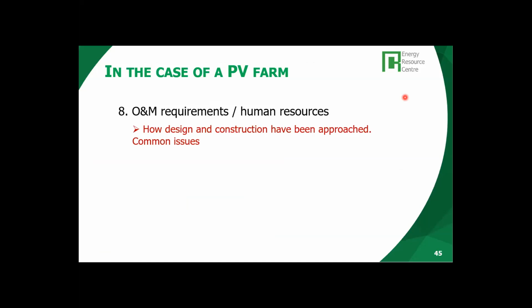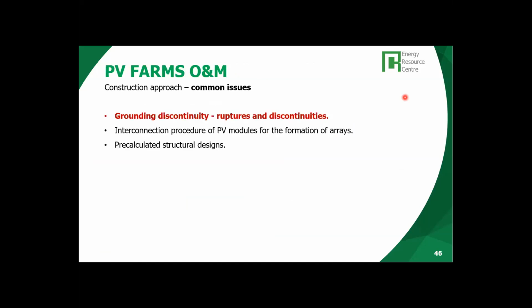Sometimes these are problems that have arisen in PV farm projects, operational aspects, and also some design aspects, and some aspects that have required some redesign of PV plants. We have highlighted 3 aspects. There are many others, but with the time we have today and in this course, we had to make a selection.